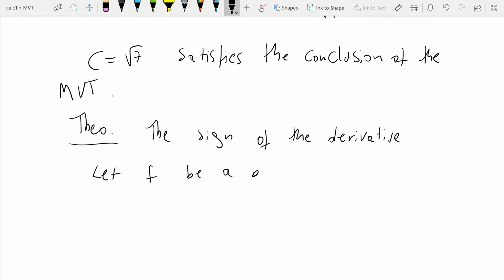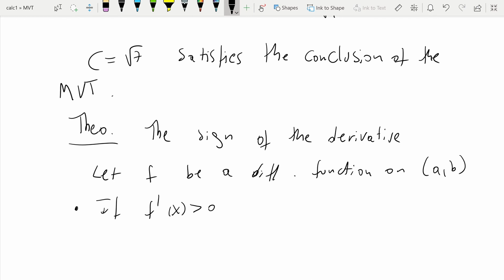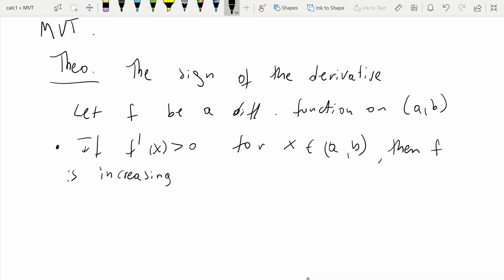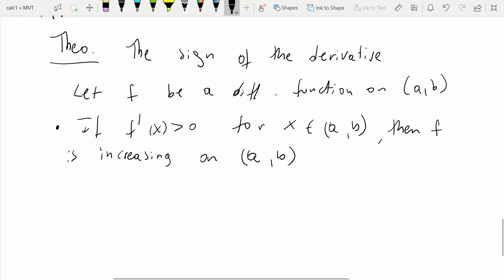Let f be a differentiable function on an open interval of the form (a, b). Then if f prime of x is greater than 0 for all x in (a, b), then f is increasing in the interval (a, b).